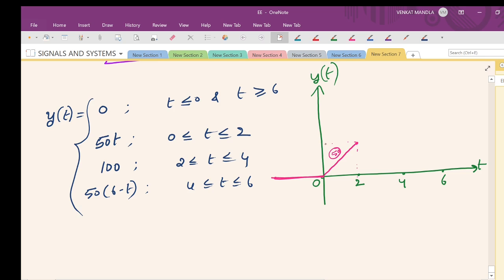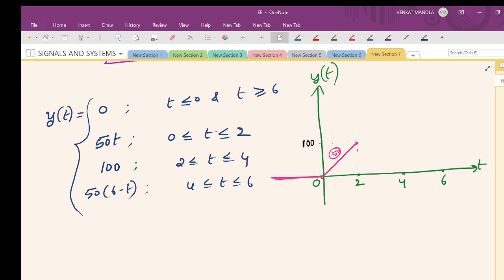Then this value: y by x, where x is 2. So we get 50 into 2, which is 100. The slope is 50, and slope multiplied with x gives the y value, right?